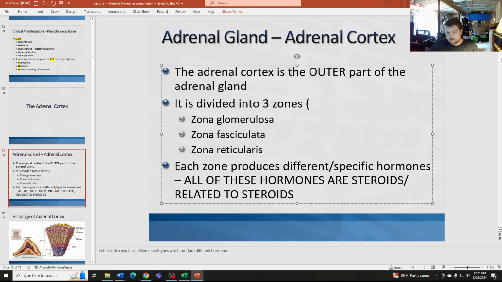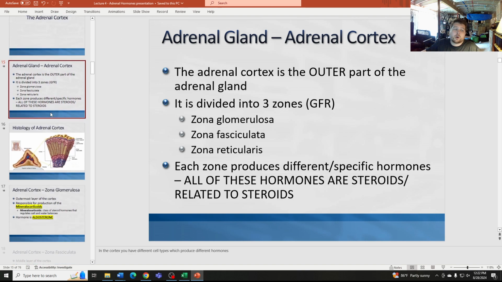If you want to come up with some kind of acronym, GFR is a good way to think about it, just remembering the order from outer to inner. Each of these different zones are going to be producing their own specific hormones, and all of the hormones that are produced here in the adrenal cortex are going to be steroids or related directly to steroid production.